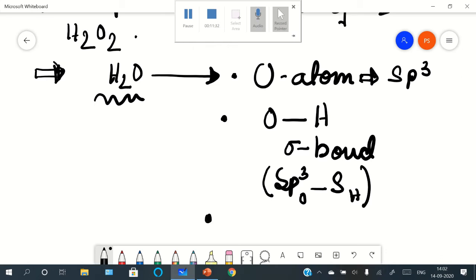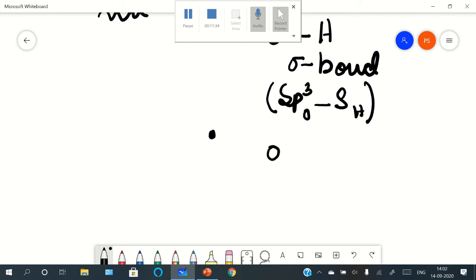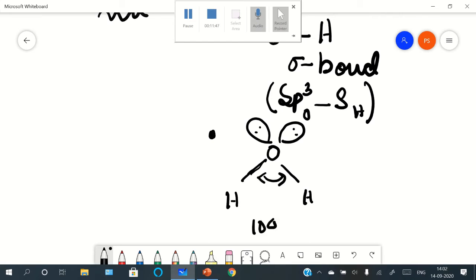The oxygen-hydrogen bond angle in water is found to be 104.5 degrees, which is comparatively less than the actual tetrahedral angle of 109 degrees 28 minutes.